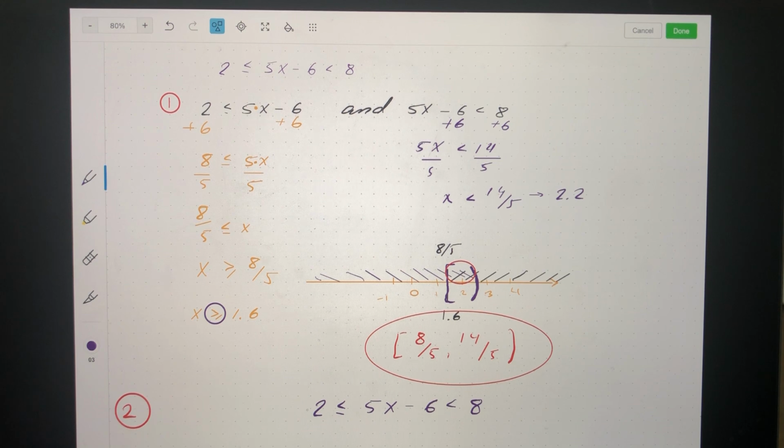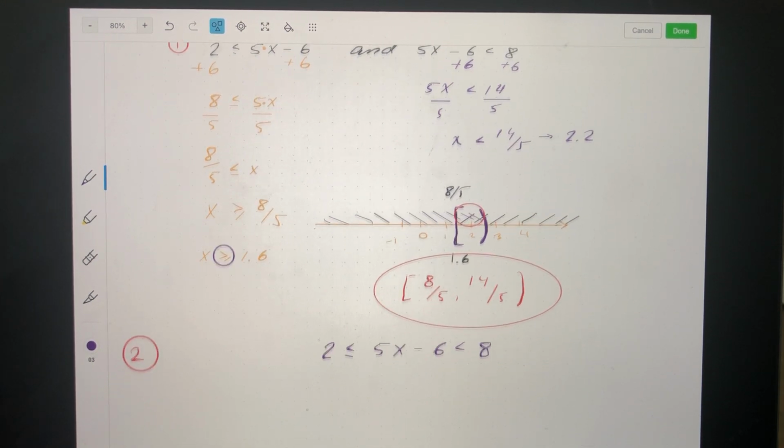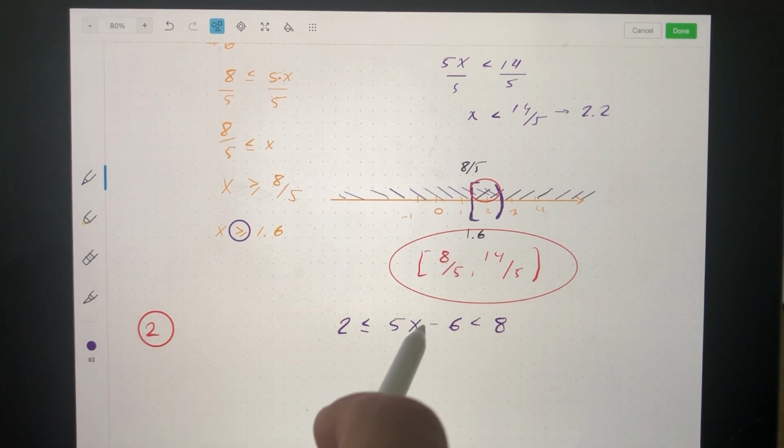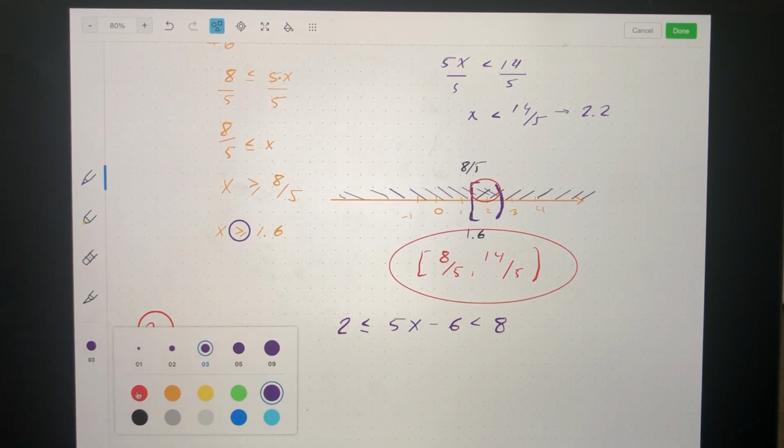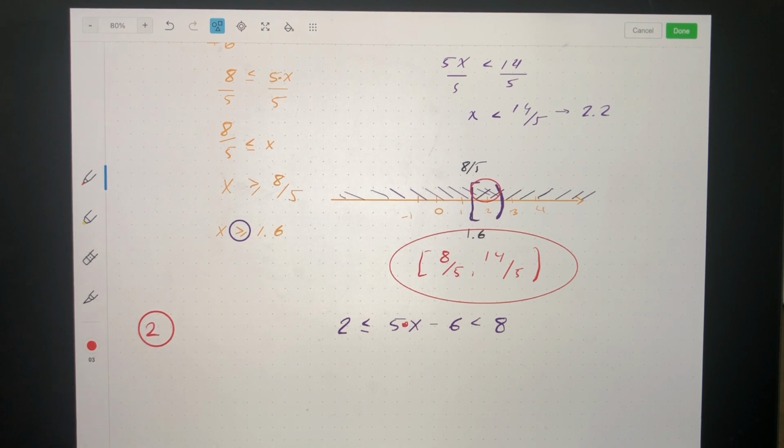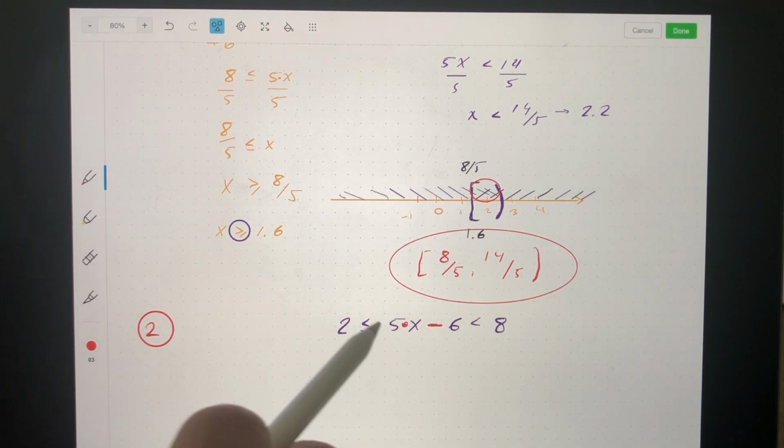We solve for x, so we're solving from the inside out. We want to get x by itself in the middle here. Everything else that is with the x has to be undone. There are 2 things to be undone: a multiplication between x and 5, and then a minus. Following the order of operations, PEMDAS, we undo the 6 first and then the multiplication.